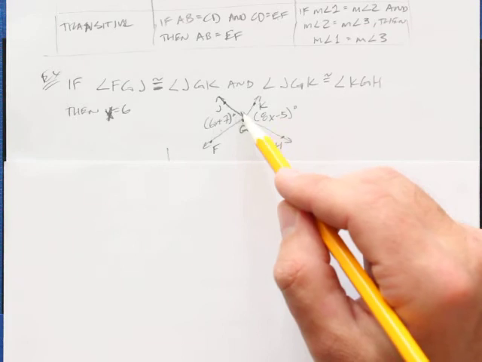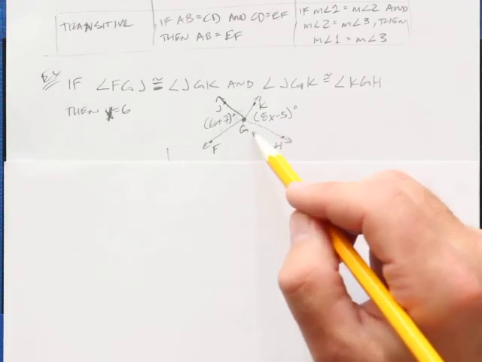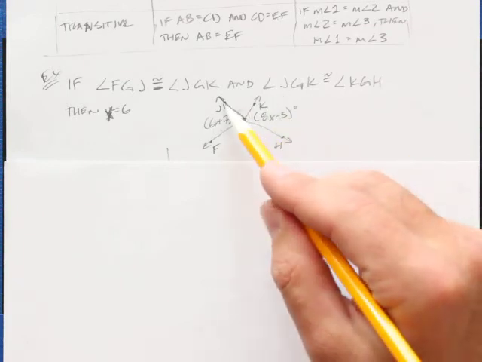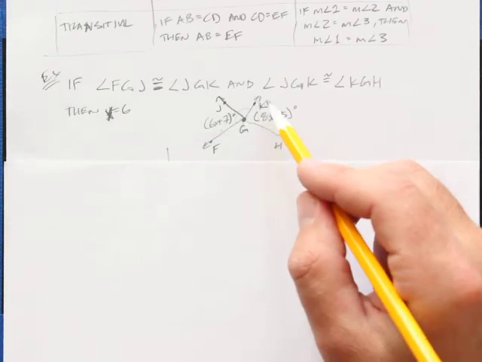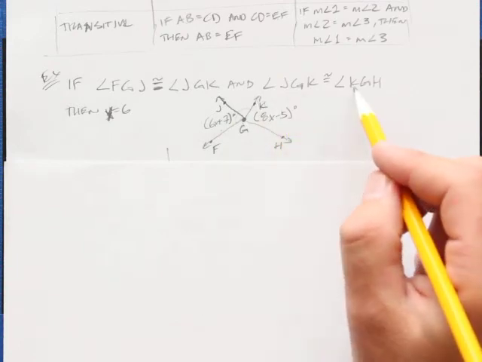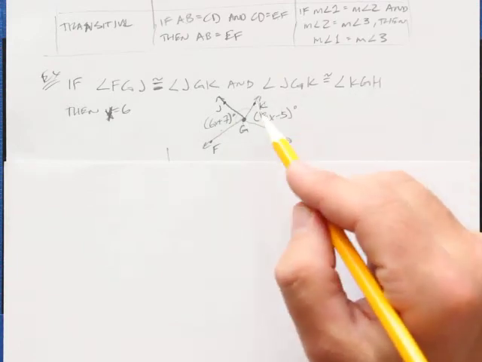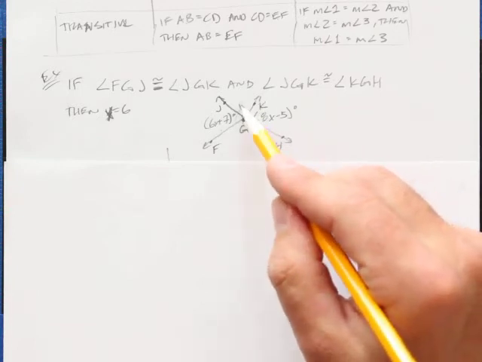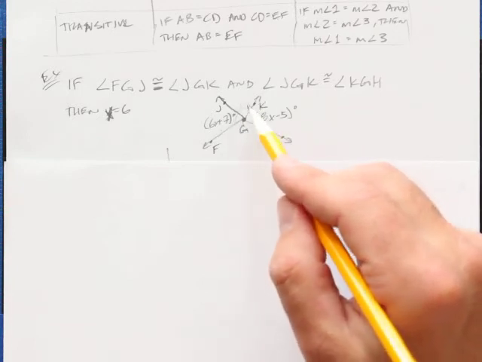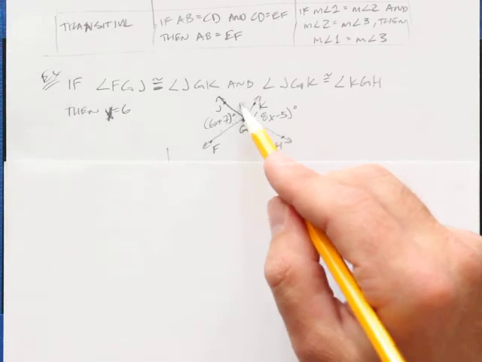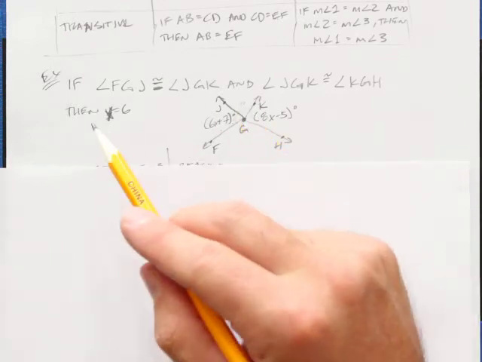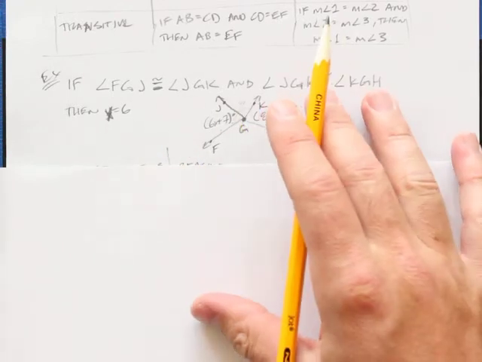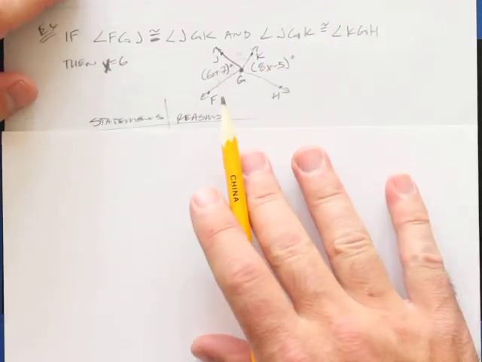So this angle and this angle are congruent. And JGK is congruent to KGH. So these two angles are congruent and these two angles are congruent. So we need to prove then that x equals 6. So let's figure out how we might do that.